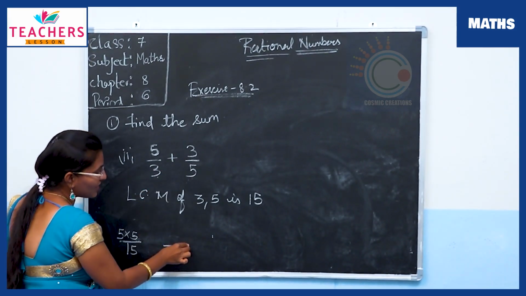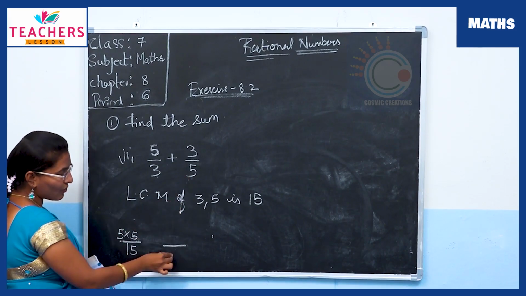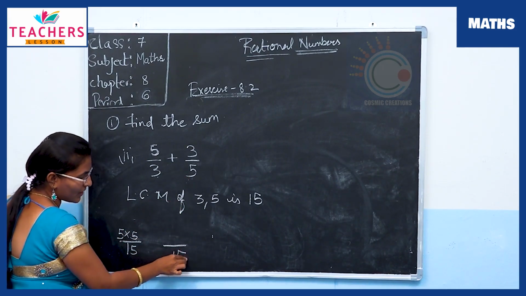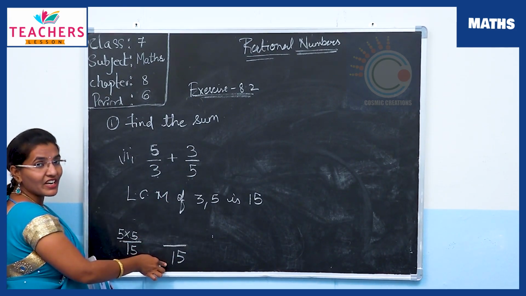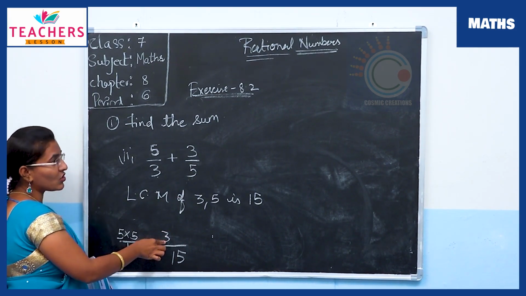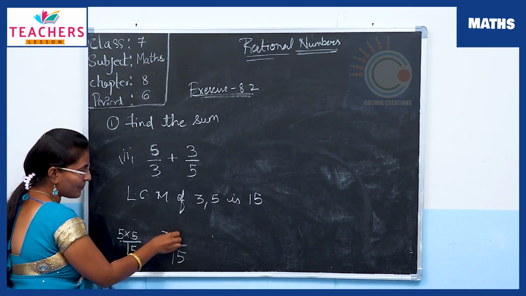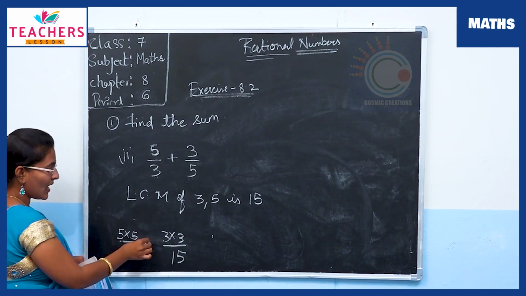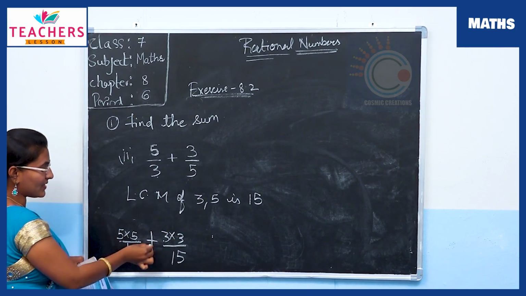Next, the other rational number, we have 3 by 5, and the denominator we got is 15. 5 is how many times 15? 5 threes are 15. So 3 into the numerator we have here, which is 3. The arithmetic operation we have is plus.